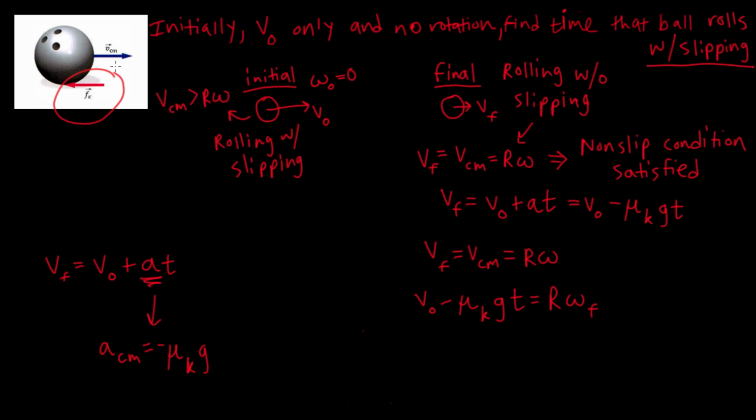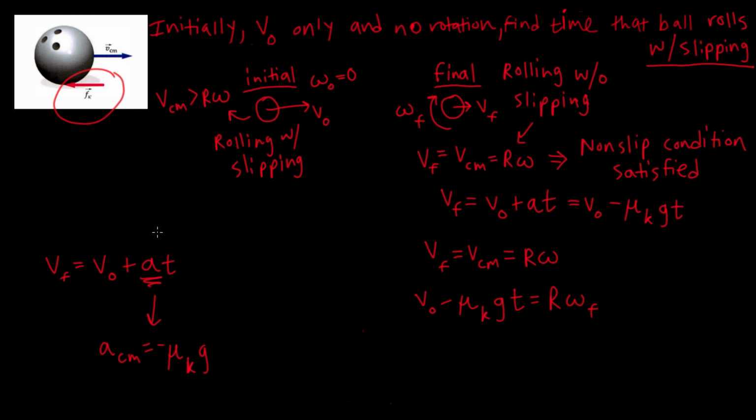It's going to generate a torque, and in return, that torque is going to increase the angular speed. So the ball will have a final angular speed, and I'll denote that with a angular speed subscript f for final angular speed. So the initial angular speed is 0, but the final angular speed will have some value.